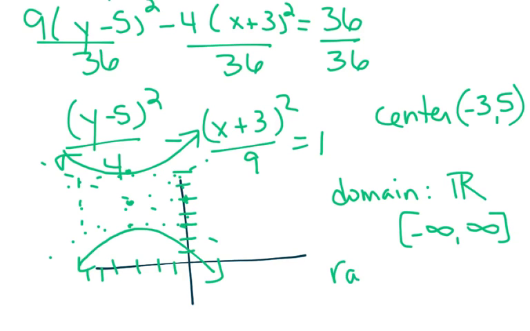The range are all the y values greater than or equal to 7, or y is less than or equal to 3. The reason is because the graph doesn't exist between these two y values. So the range was written a little bit different. And that is the review for the Chapter 11 conics test.